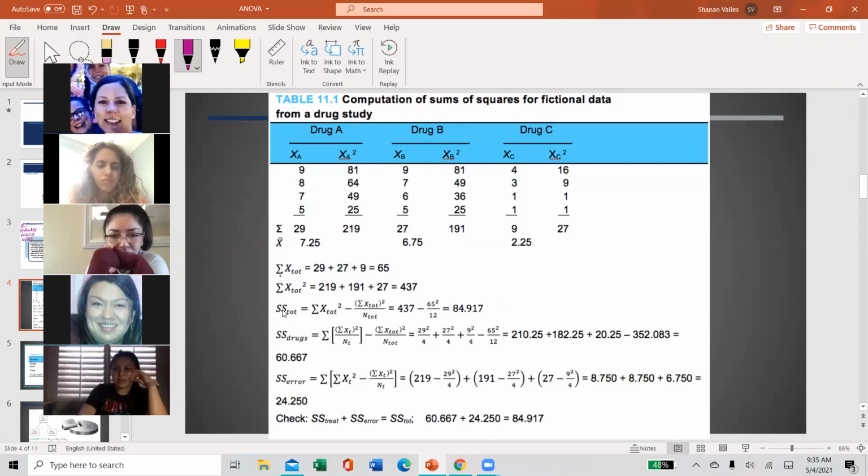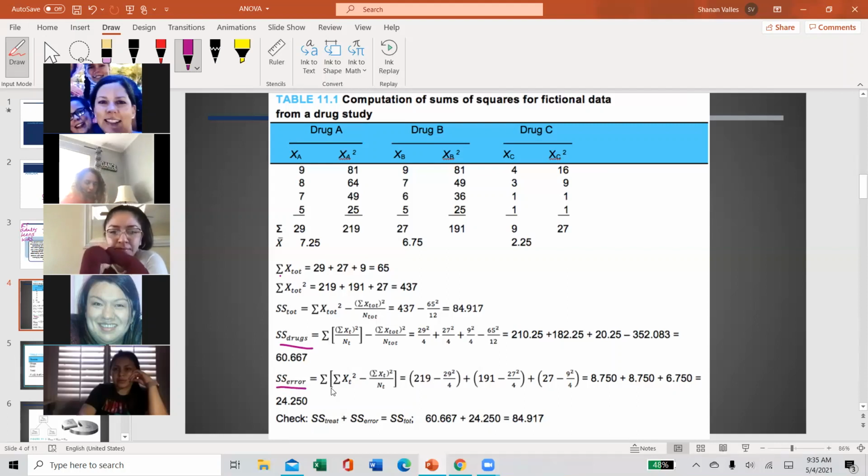Then we get to these formulas here, our SS's, okay? Our SS's are the big kind of nasty formulas. This is what scares everybody down here. And this is what they're doing. Now, I want to point this out right here. Do you see how this one says SS drugs? And this one says SS error.